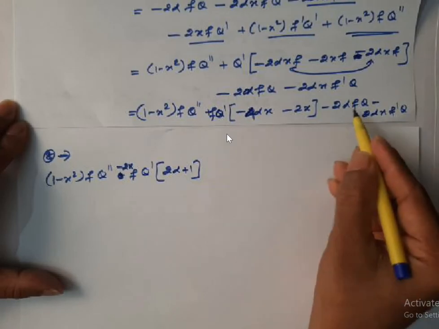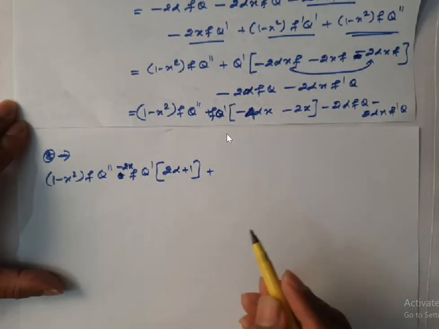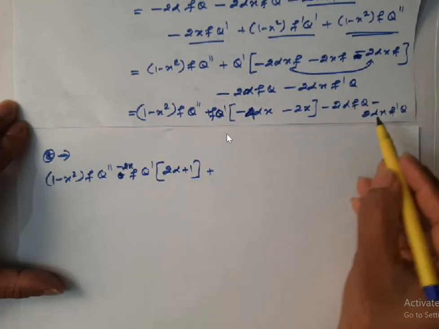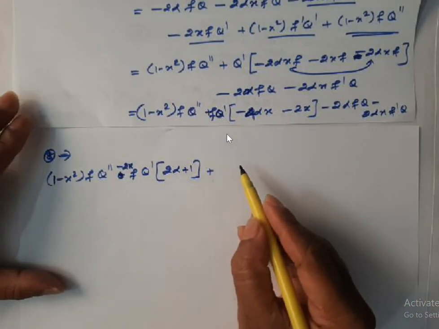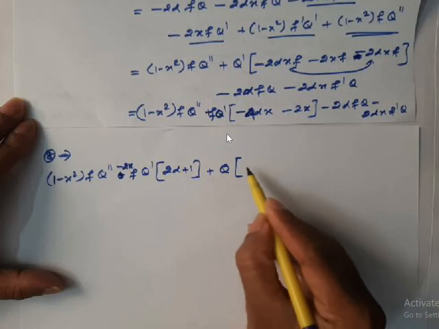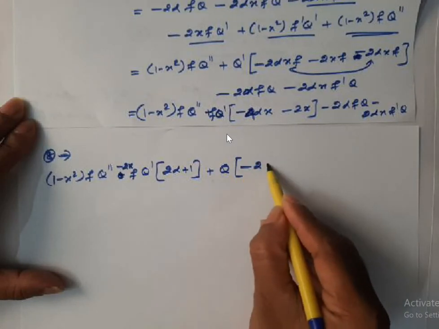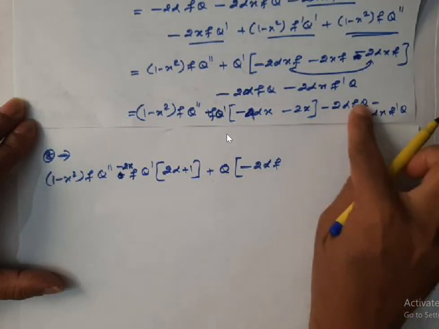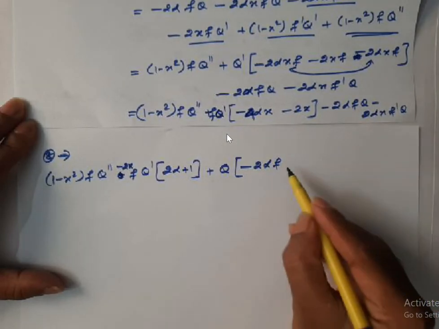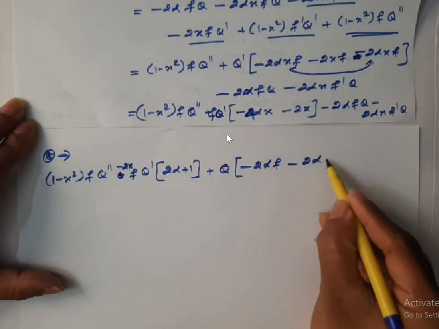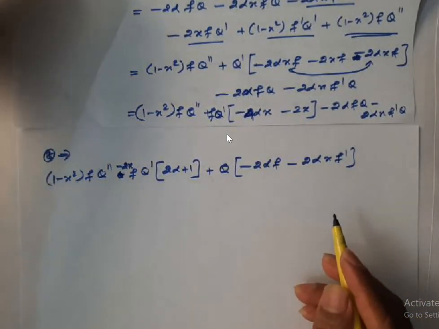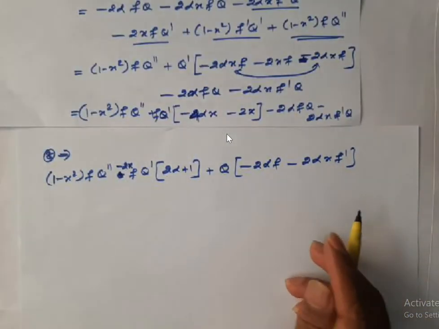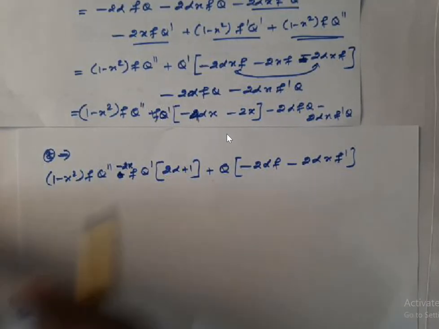Okay. And what about here? Plus I'll take q as common here. If I take the term q as common, I'll get minus 2 alpha into f, then minus 2 alpha x f dash. Then the remaining terms of equation number 8. What are the remaining terms of equation number 8? Let me show you here.